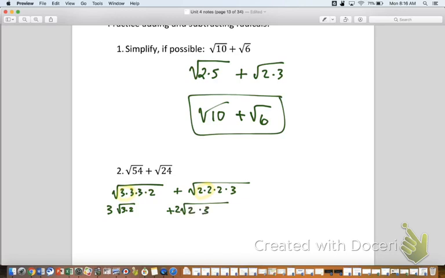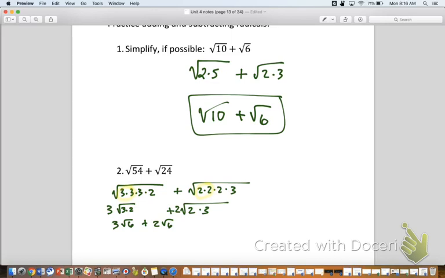Of course, 3 times 2 and 2 times 3 are both 6. So you get 3 root 6 plus 2 root 6. Now we have to reevaluate and ask, wait a minute, are they really like radicals? They are. They really are. We just didn't know it at first because we didn't have them simplified. So 3 root 6 plus 2 root 6.